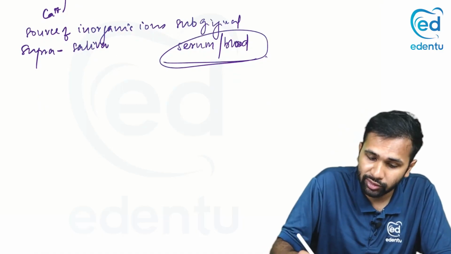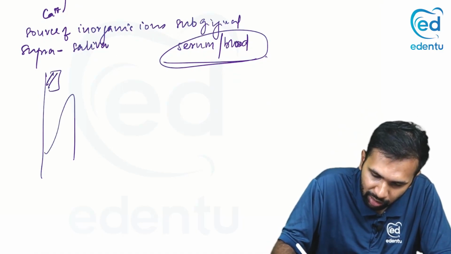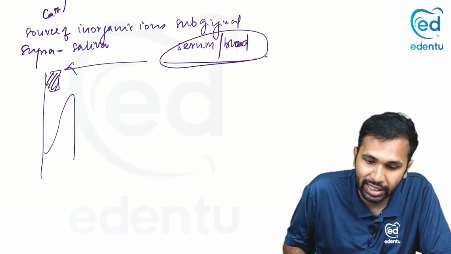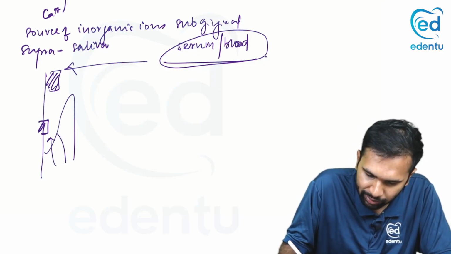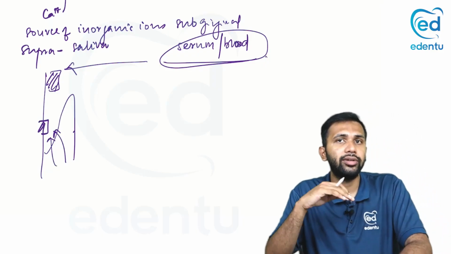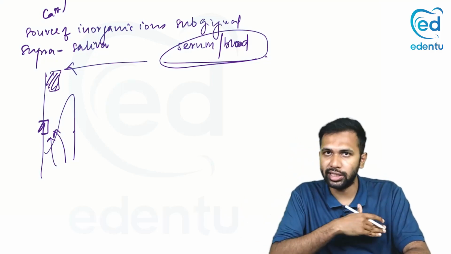Right? Common sense. If the calculus is exposed in the mouth, then it draws mainly from saliva. If it is below, it has to get from GCF or from the blood. GCF is nothing but a filtrate of the serum.